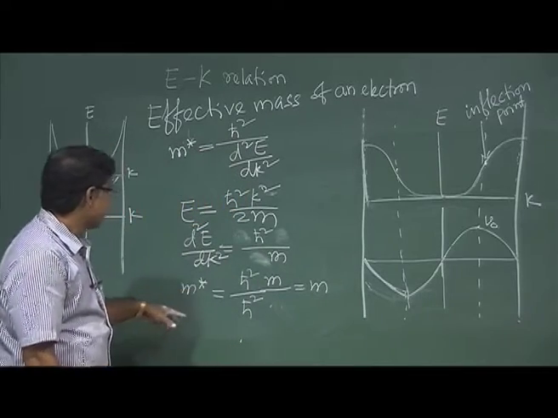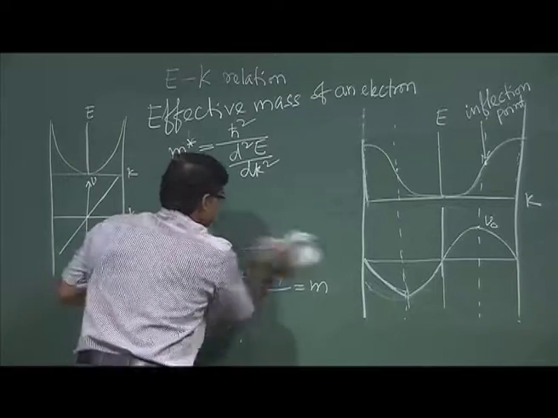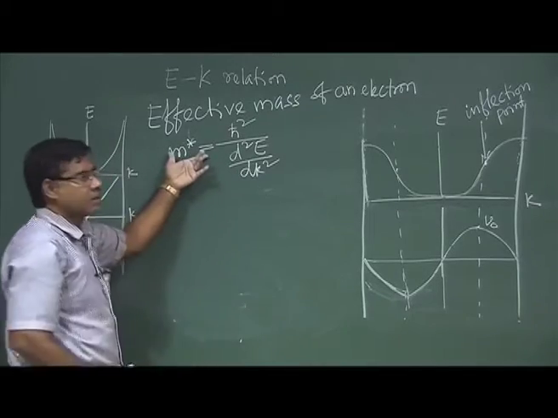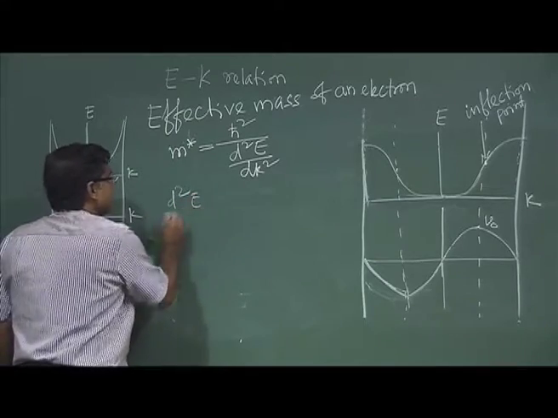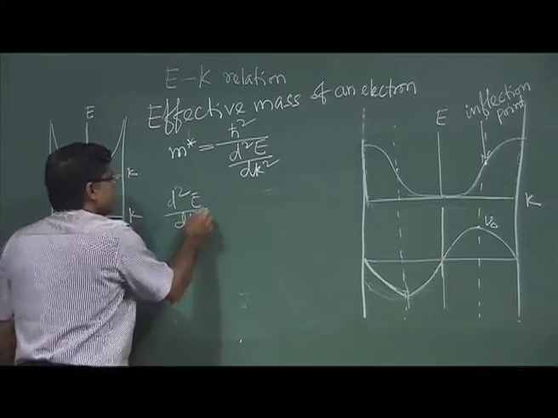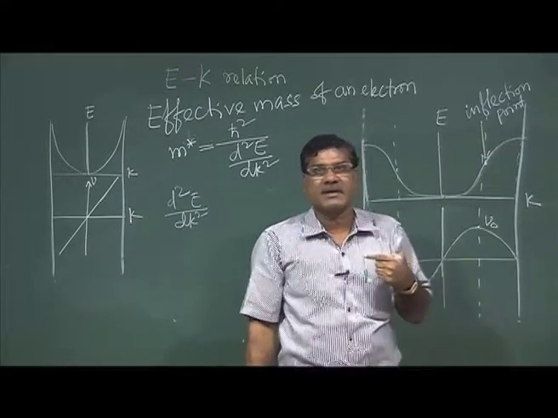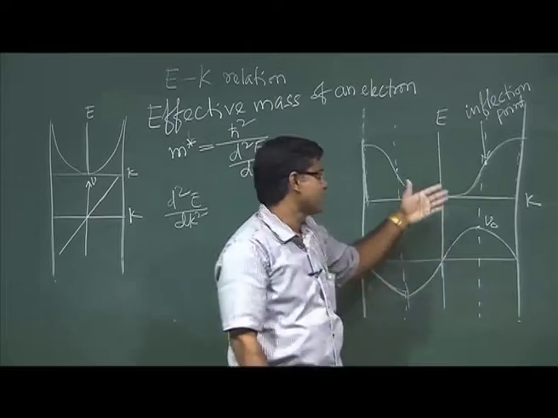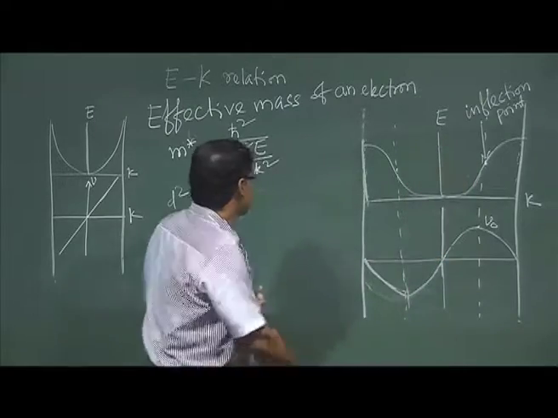So, interestingly you can see that this is the definition of mass, d2E by dk square. What is it for this curve? It is nothing but the curvature of this curve. What is curvature?